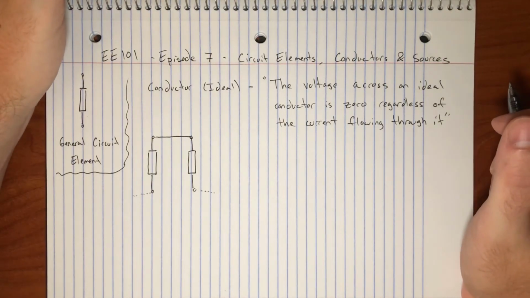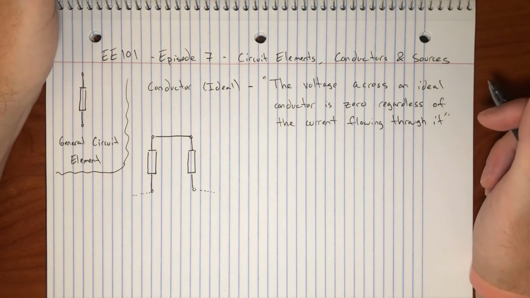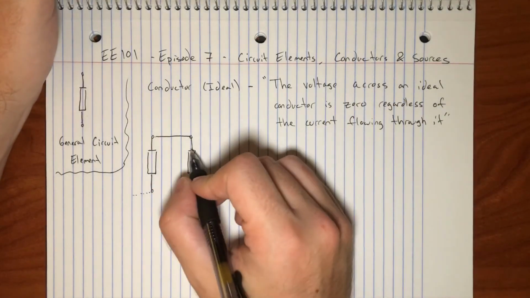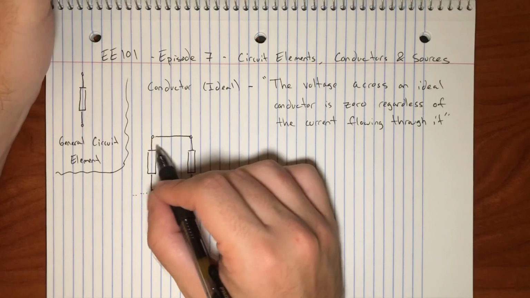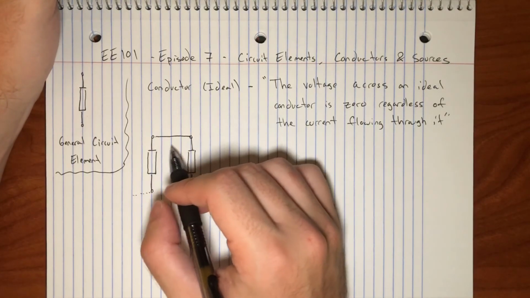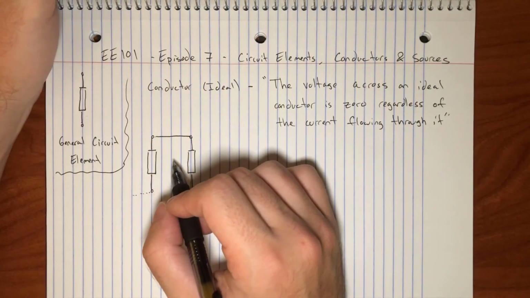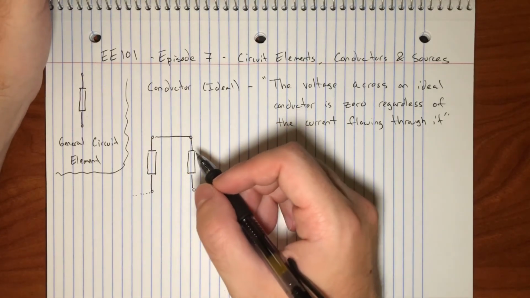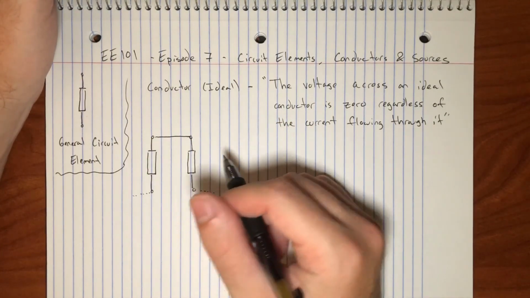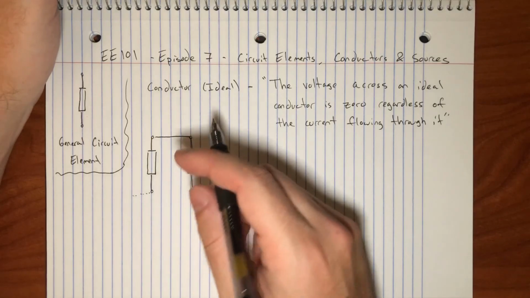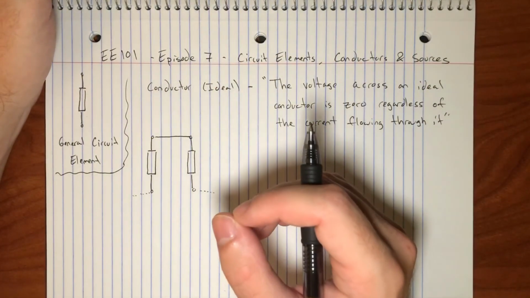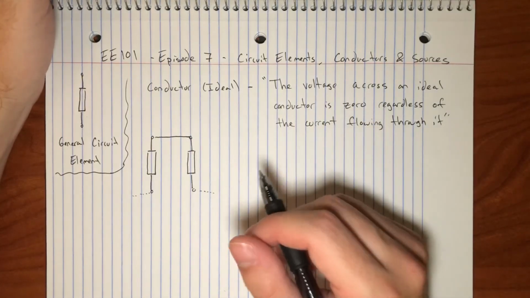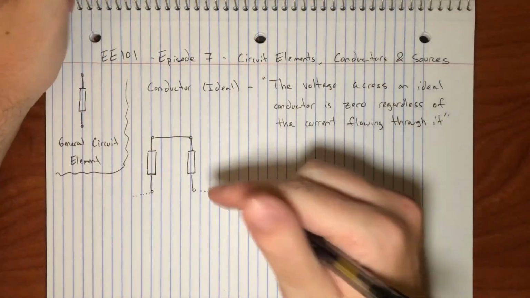So if no conductors or other circuit elements are connected between two terminals or two nodes in a circuit, if two nodes are unconnected by any path, any circuit elements or any conductors of any kind, we say that there's an open circuit between those nodes, and no current, exactly zero current, will flow through an open circuit, or rather an ideal open circuit.